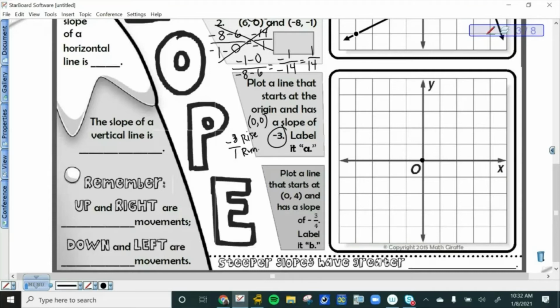My rise, again, is my vertical change. Since it's negative, I go down. So from the origin, I count down 1, 2, 3. And then my run is 1. So I go over 1.